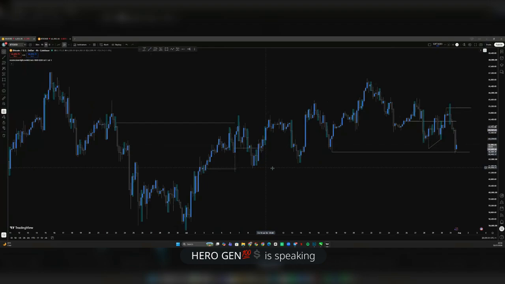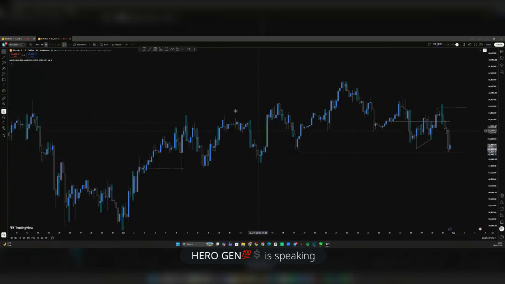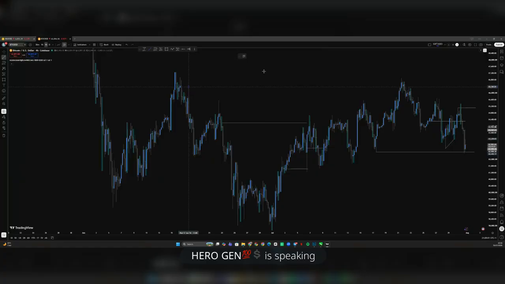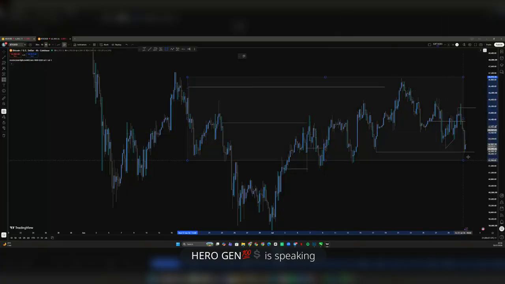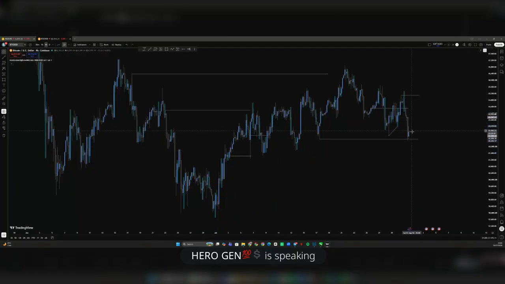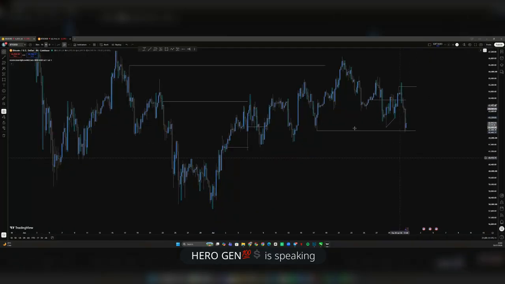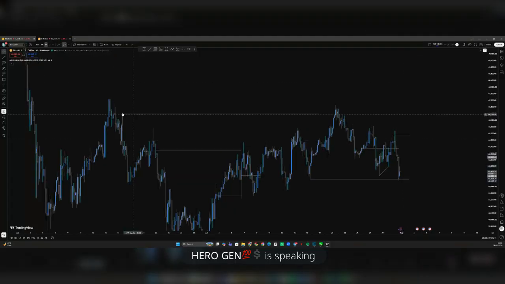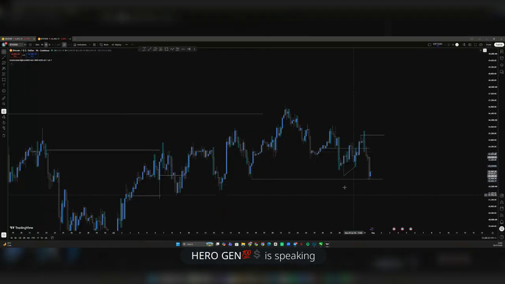Same thing, price is taking lows, taking highs, taking all the expectancy. So at least I was thinking price can take out the low. So I think the sequence is already done. If price tries to break out to the downside it gives us a sell, or a buy if it breaks out to the upside. But I think this high that price took out here has already finished the sequence.